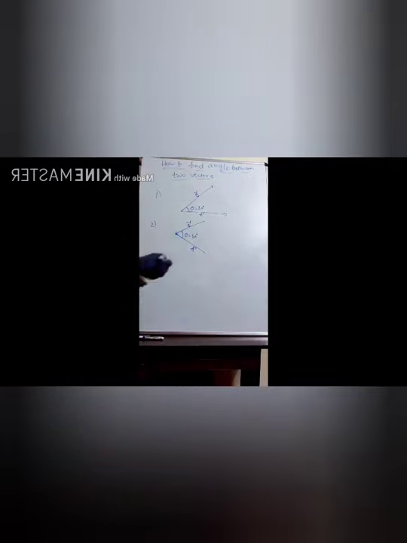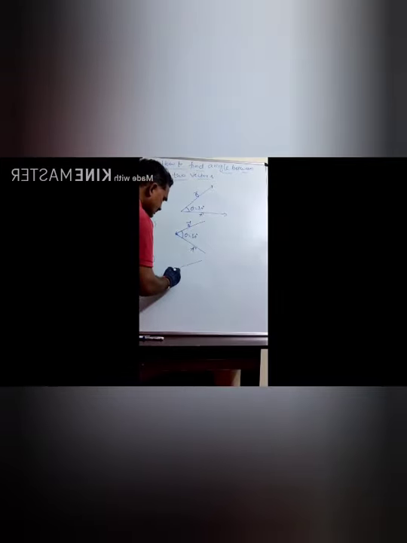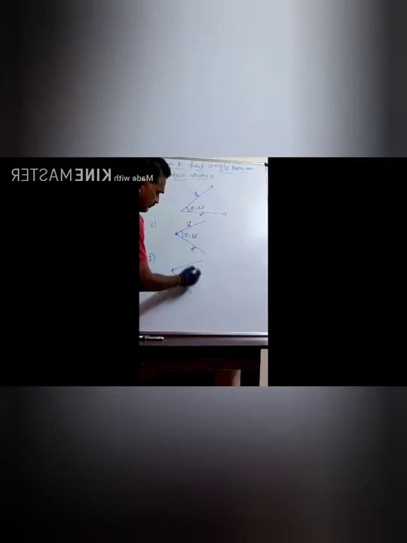Now in the third context, we can represent vectors like this: one head is meeting with the tail of the other vector. Suppose this is B bar and this is A bar. So this angle theta is equal to 30 degrees.